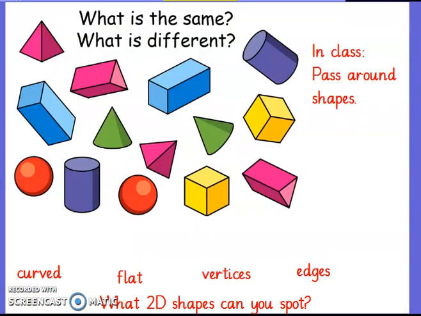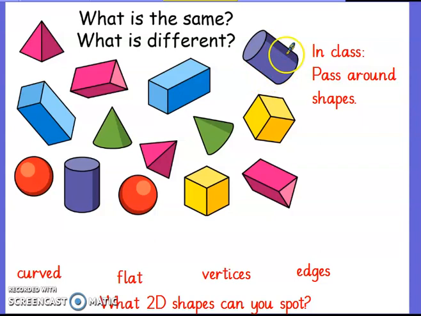Okay, so we're going to have a look around some 3D shapes. Have a look at them. What can you see that's the same? What can you see that's different? Are there any 2D shapes that you can spot on them? I notice here that we've got some curved shapes. So some sides of the shapes are curved like a cylinder.